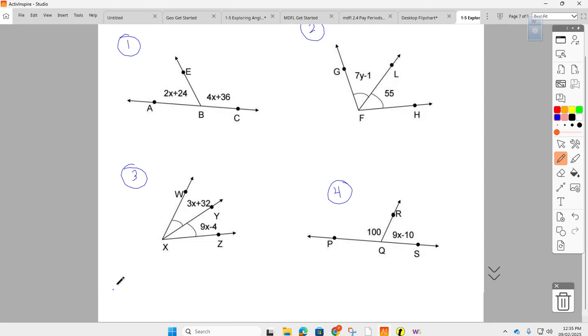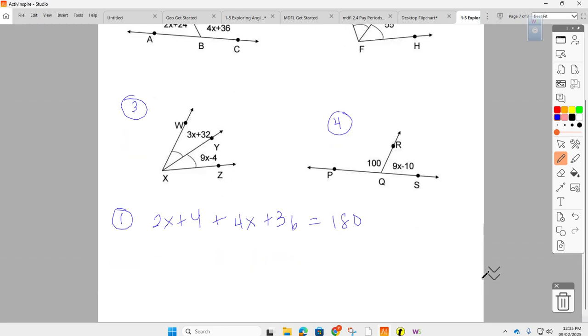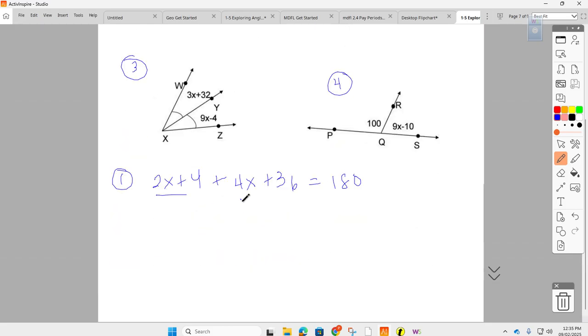So I'm going to write example 1 down here. 2x plus 4 plus 4x plus 36 has to equal 180. So now I'm combining my like terms on each side, and I have 6x plus 40.